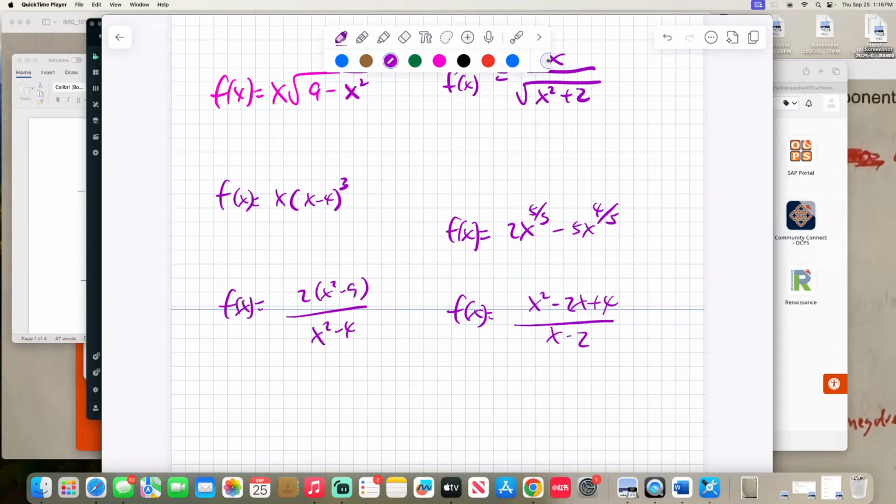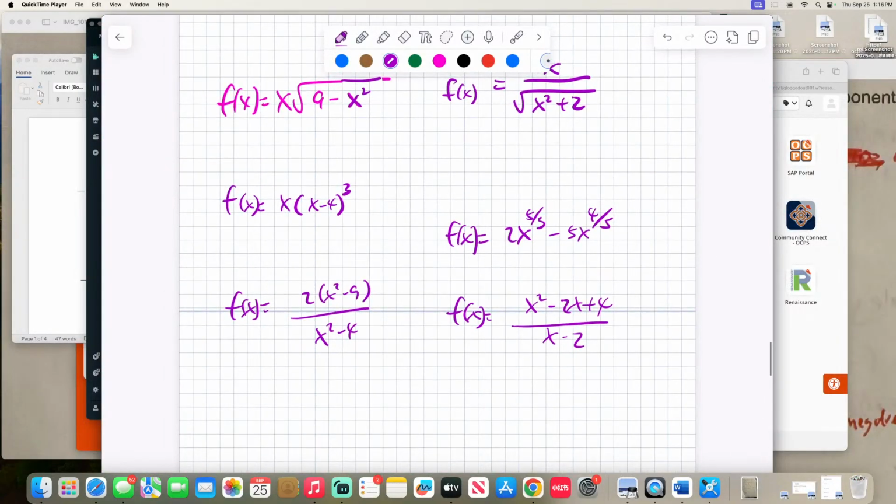Fraction of the. Okay, 5 halves. So if I square 5 halves.